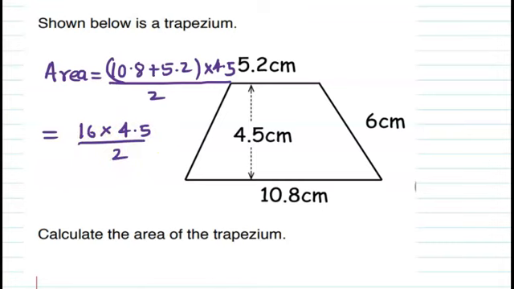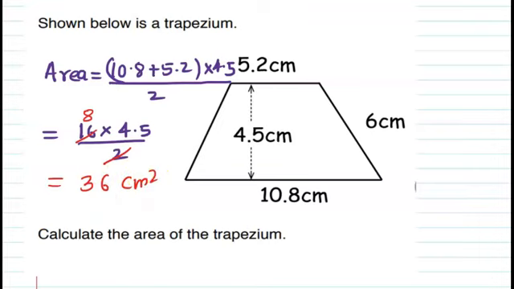Here it is very easy. If you can cancel 16 by 2, we get 8. Now, multiplication of 8 with 4.5, how much is it? 36. And what will be the unit, Musawa? Centimeter square. Thank you. So this is the area of the trapezium.